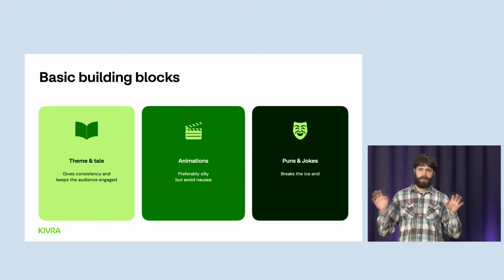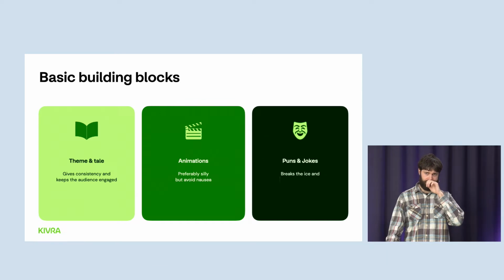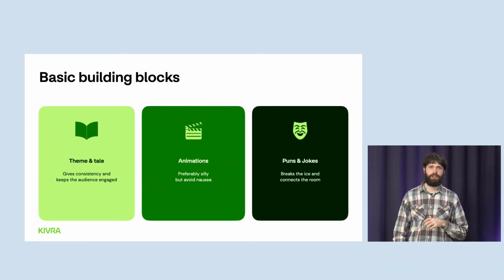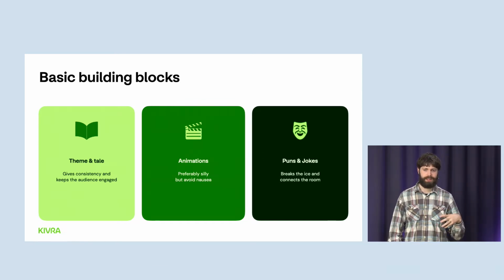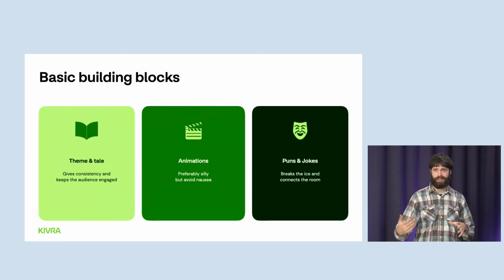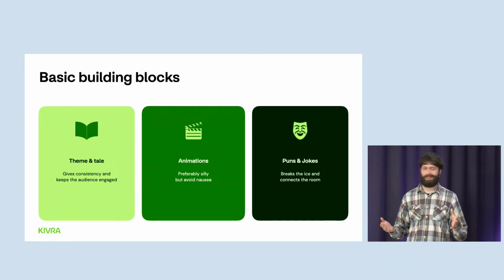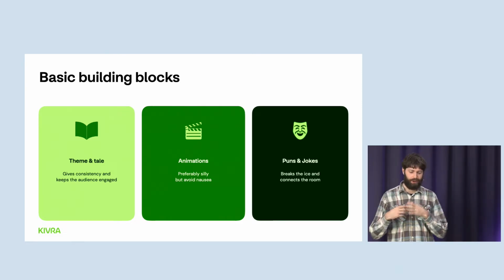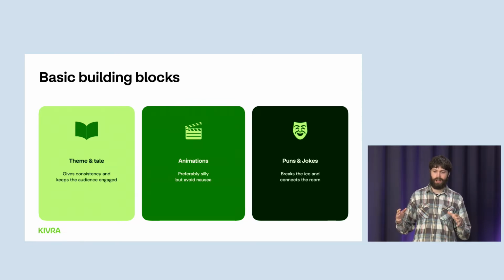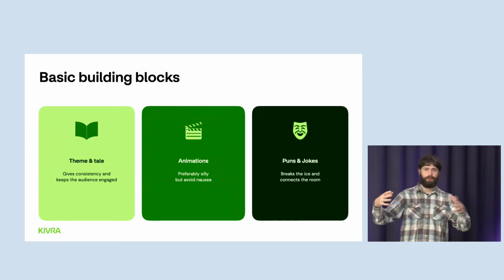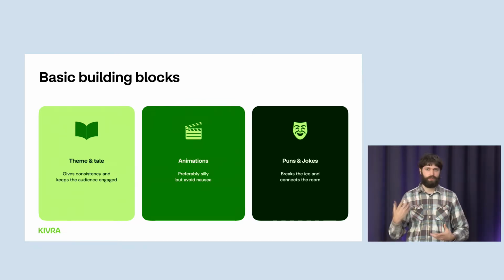And then puns and jokes. It helps to break the ice, and it connects the room. And by connects the room here, I mean that if you're in a physical room, this is a bit harder because I'm not seeing anyone in the audience, except, okay, one. I got one audience. But if you're in a physical setting, you have to read the room, right? You have to look at the people, see if they're tired, see what works, make jokes, get some laughter, right?